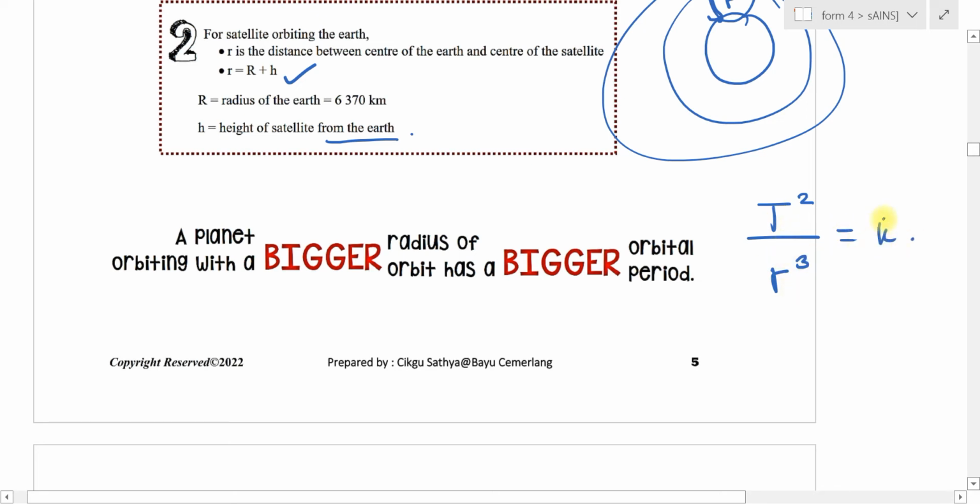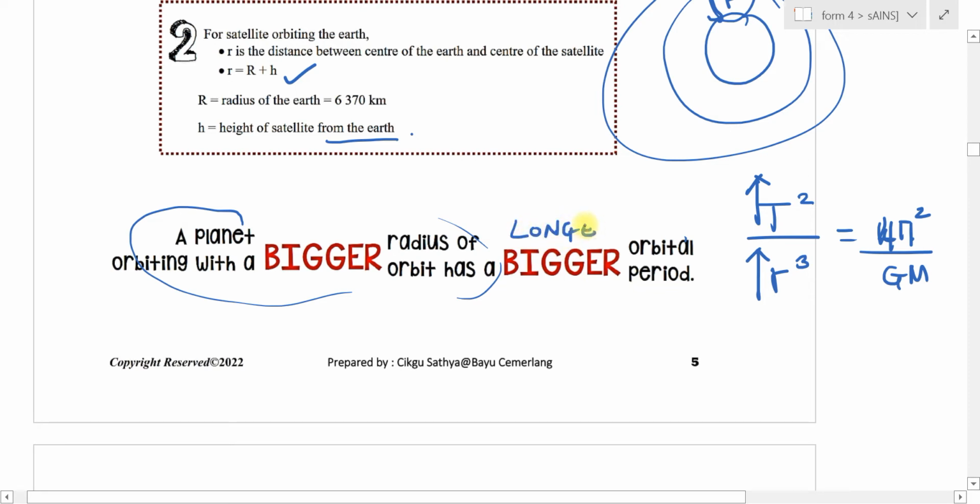K tu apa dia? 4 pi square over GM lah. Okay, right. So a planet with a bigger radius, that means kalau radius kamu meningkat, period kamu akan meningkat. Okay, the orbital period will be bigger or longer. It's supposed to be longer, right? Longer the orbital period. Okay, directly proportional. Okay, baik.